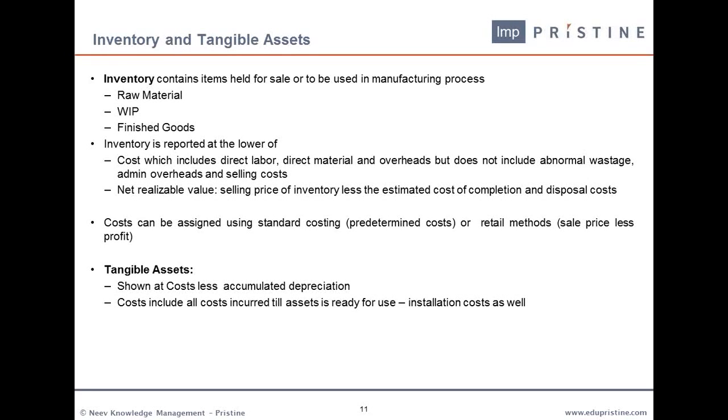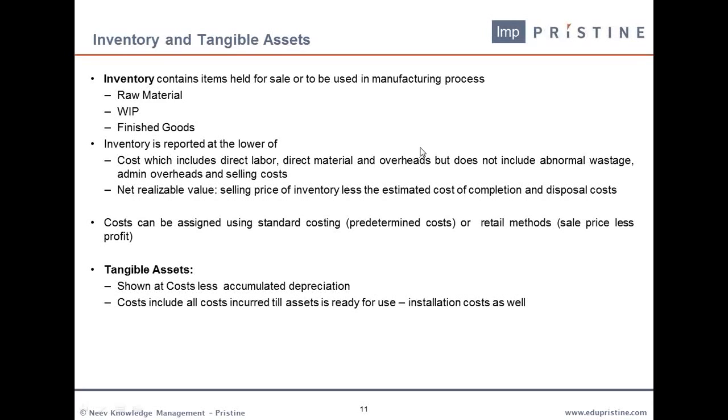That gives you the cost that you have incurred. So these are the two methods. Details of inventory will be covered in another chapter, for which we are happy to take a webinar.